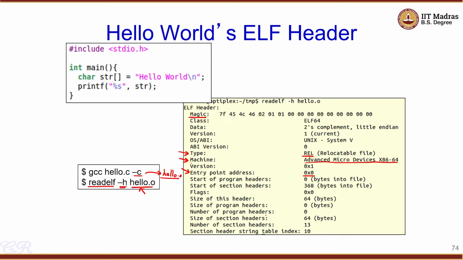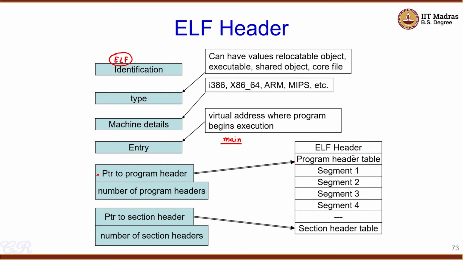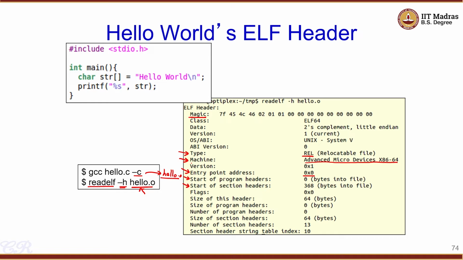Then the other thing that we want is the start of the program headers and the start of the section headers, right? These are labeled as pointer to program headers and pointer to section headers. One thing to note is that for an executable, the program headers are what is important, while for an object file or any other relocatable file, it is the section headers which are critical.